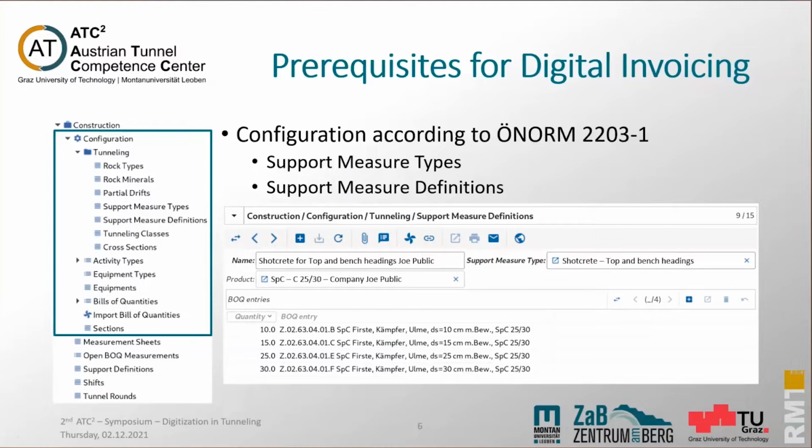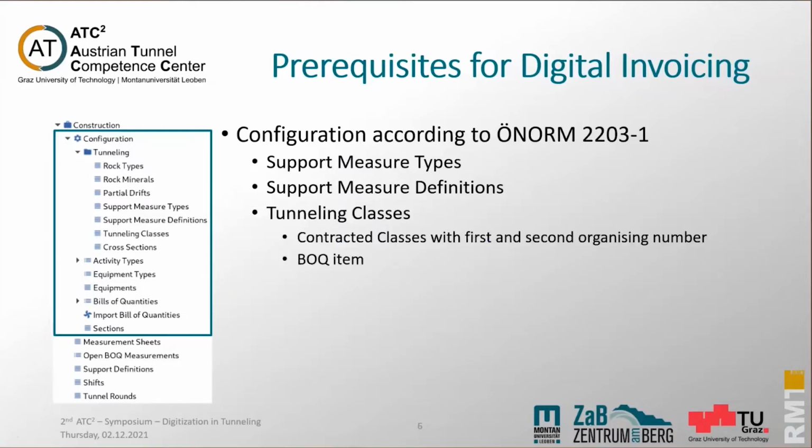The name, you can see here, shotgrid of top and bench headings show public, for example, is then used further on for the foreman at the thin client or at the smart mobile version. So with some additional prerequisites, for example, the tunneling classes we introduce into TIMS and the contracted cross-sections, we can establish the digital invoicing process in 6 steps.